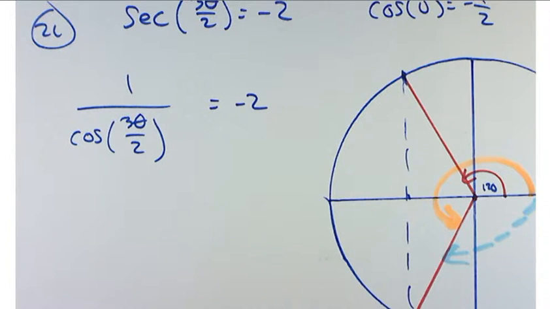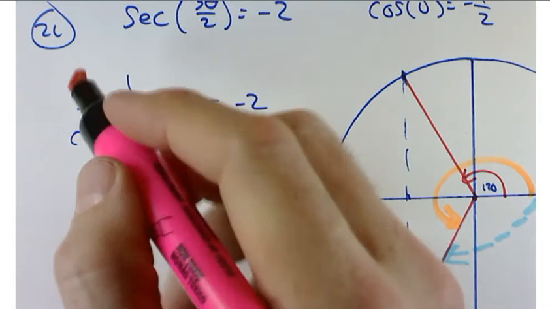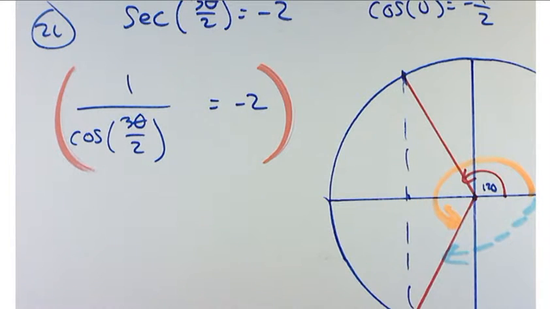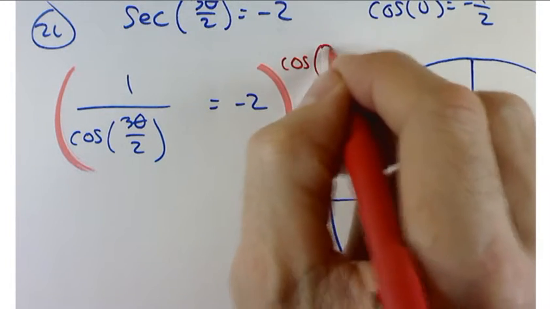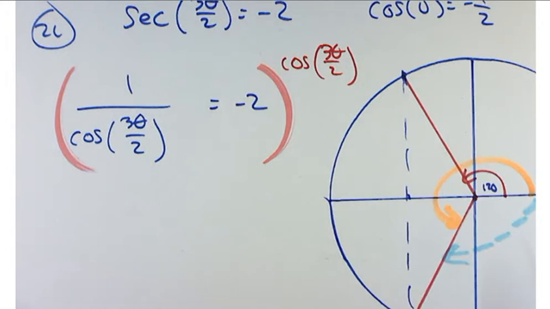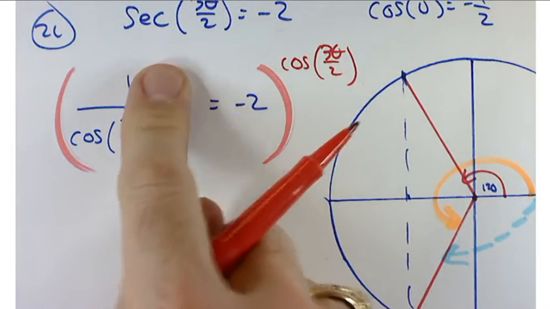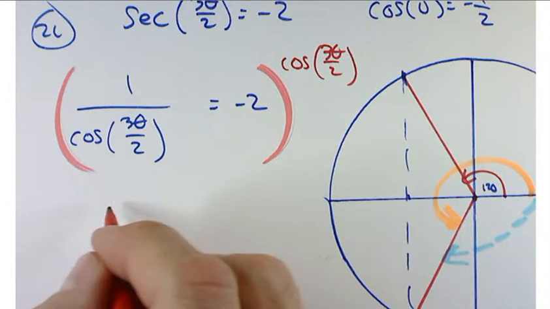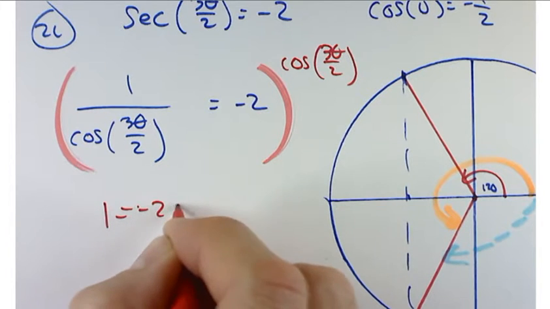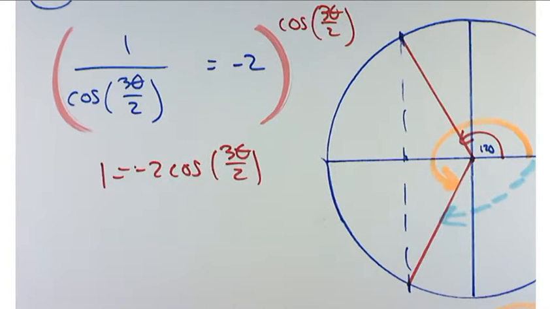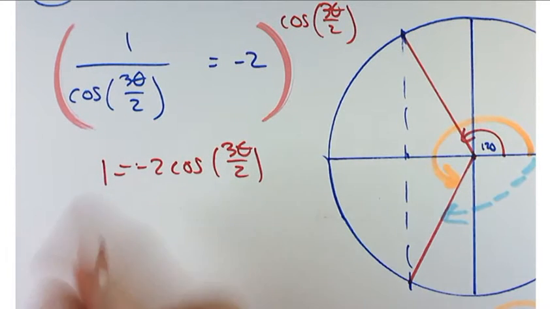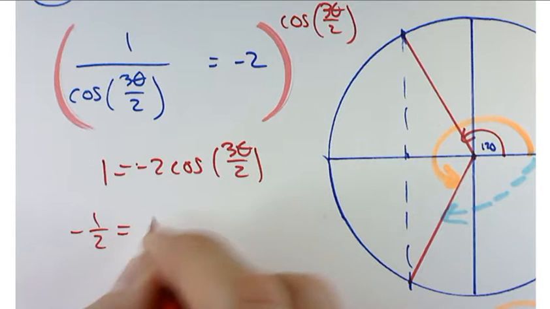I can get rid of the denominator by multiplying through on both sides by the lowest common denominator. In other words, multiplying both sides by cosine of 3 theta over 2. Essentially, I'm going to end up taking the reciprocal on both sides. 1 equals negative 2 times cosine of 3 theta over 2. And divide both sides by negative 2.